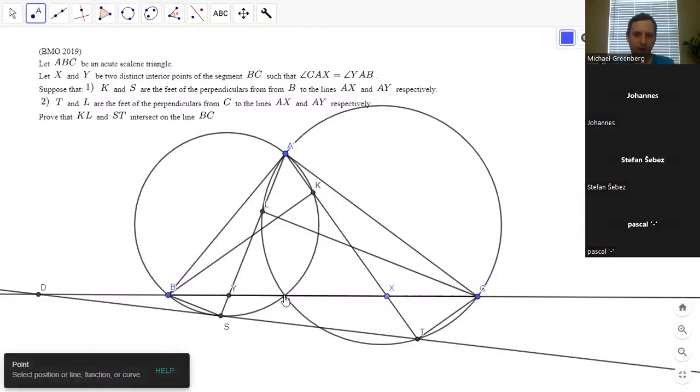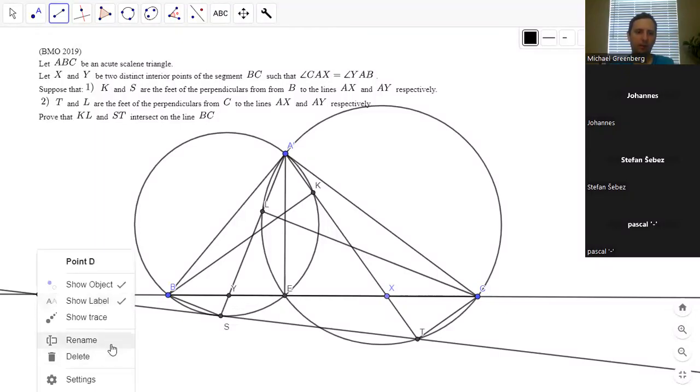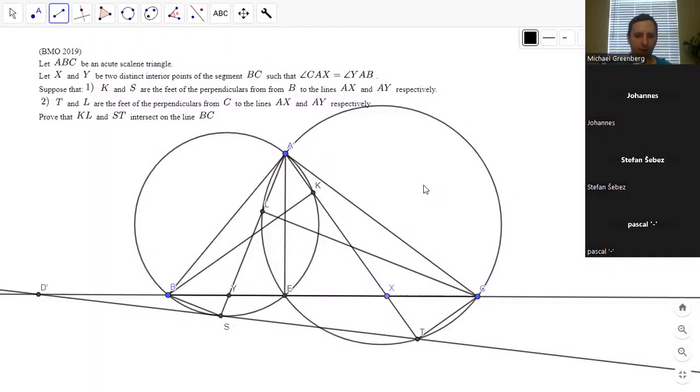So this is the altitude, AE. So I could try to show DBCE, or I could call this D prime, and then I could show it would be the same for KL. That's kind of my strategy.